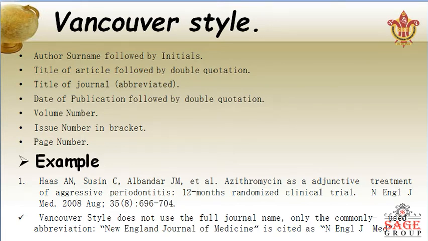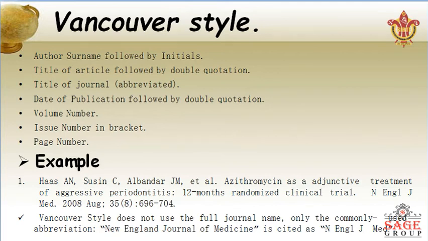After that you give the date of publication, then the volume number, then the issue in brackets, and lastly the page number. So there is a bit of difference between the Harvard style and the Vancouver style, but it depends on the journals we are applying to, or the institute and the guidelines we have to follow to publish a thesis in that particular institute or government body. We use different types of styles.